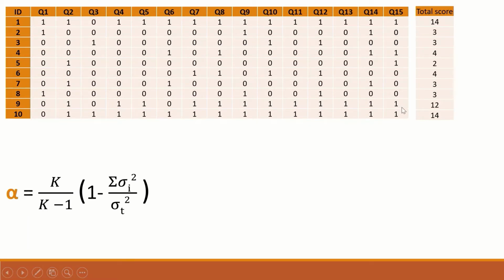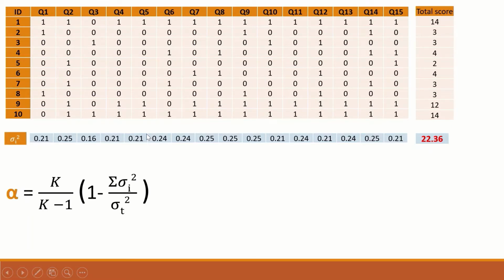Once the total score for each individual student is calculated, a variance for the total score is calculated as given here, which is equal to 22.36.